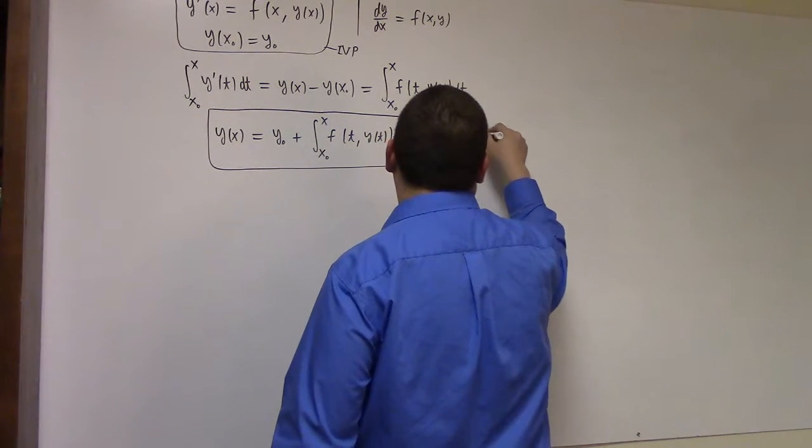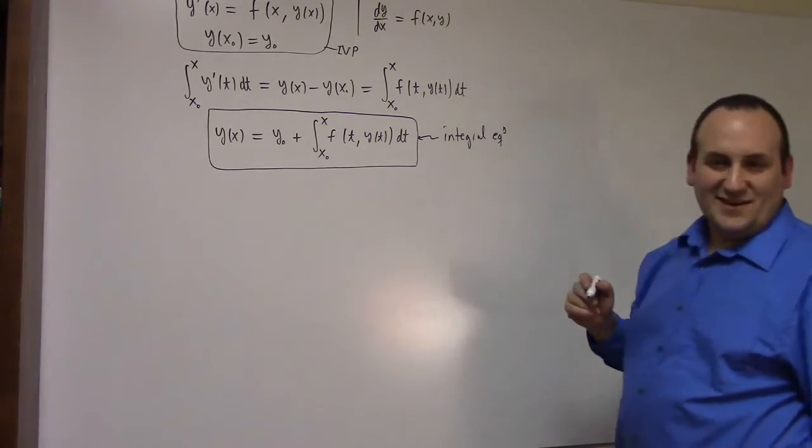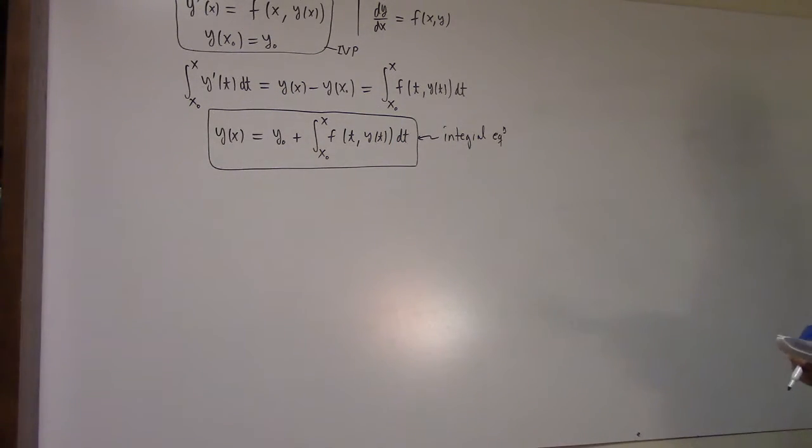You see why it's called an integral equation. I think that's fairly obvious. So we've traded a derivative for an integral. And so what does he say here? He said, conversely, using the fundamental theorem of calculus, if f and y are continuous, then a solution of the integral equation must be a solution to the initial value problem. So these are interchangeable.